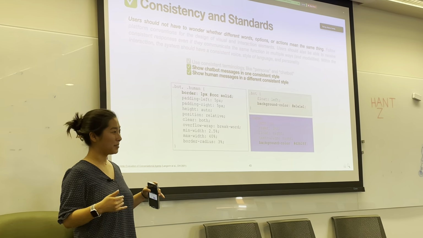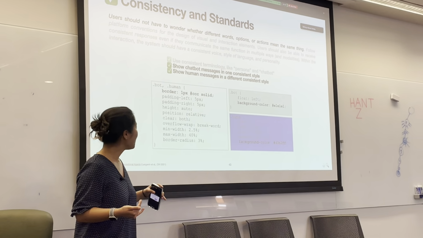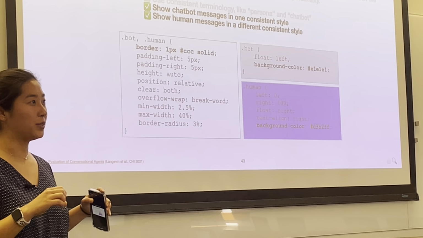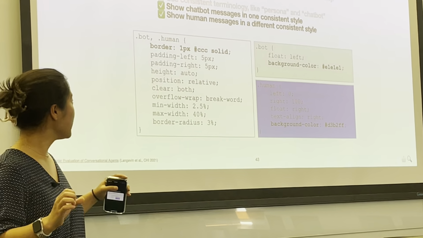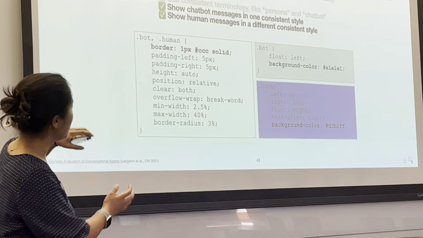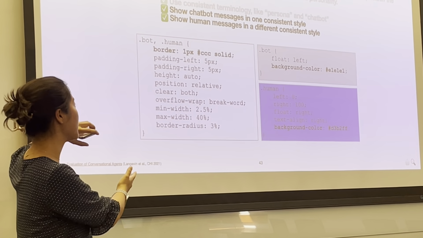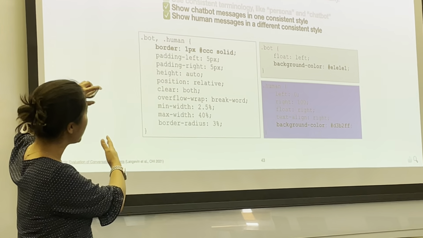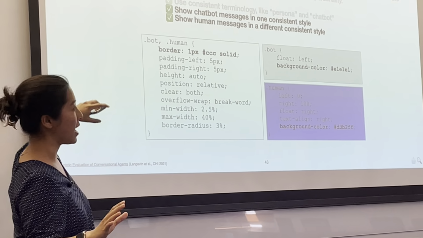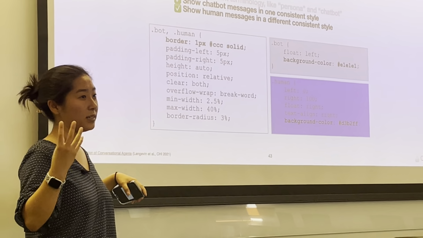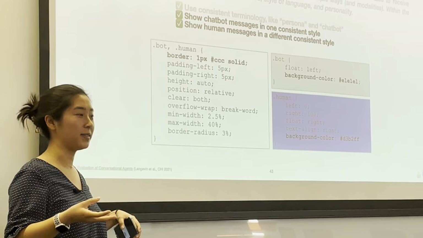This is quite easy to do in the code. So this is CSS. CSS helps you apply styles to HTML objects. And all I did was to have one particular thing that applies to bot messages and human messages. That's that on the left. You might notice that every single message has this small gray border. And it's really easy to make that consistent throughout the entire thing with CSS.